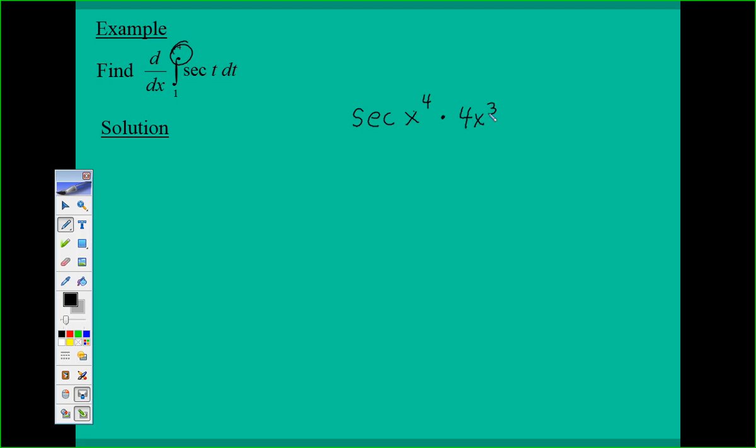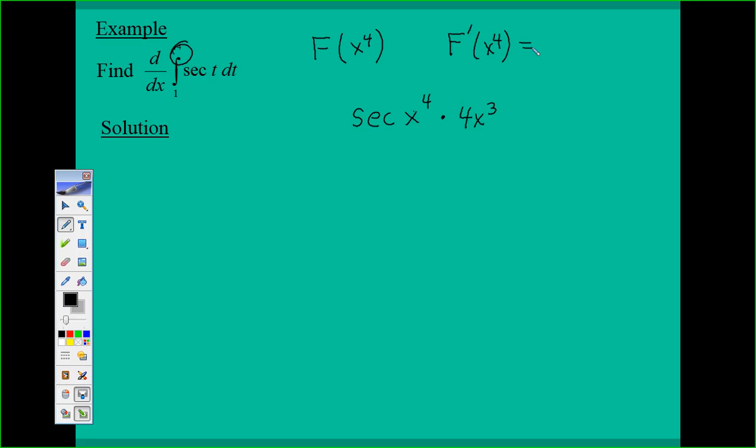Because if we took the antiderivative of secant of t, we would get the antiderivative of secant, but we would plug in x to the fourth. Now when we find the derivative of this, we would have the derivative of capital F, which was the antiderivative of secant.